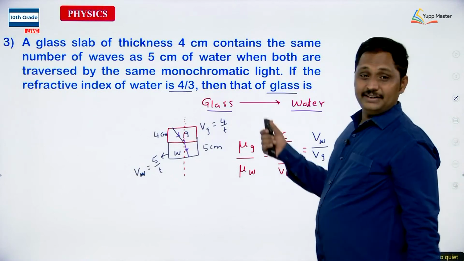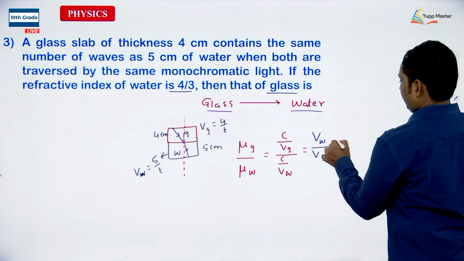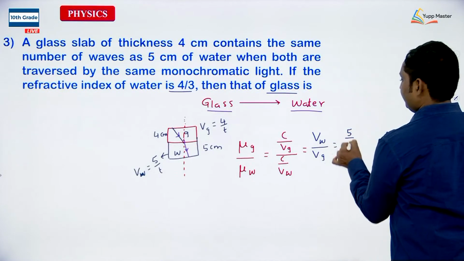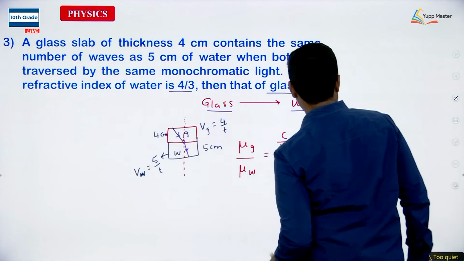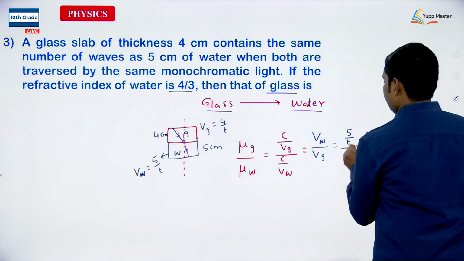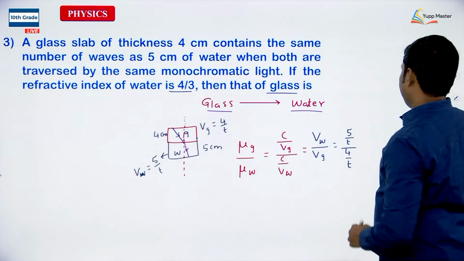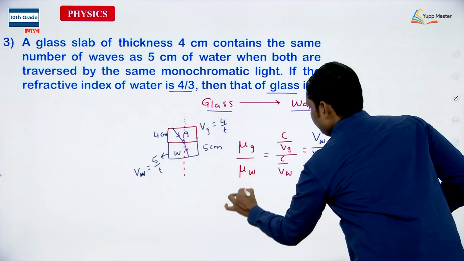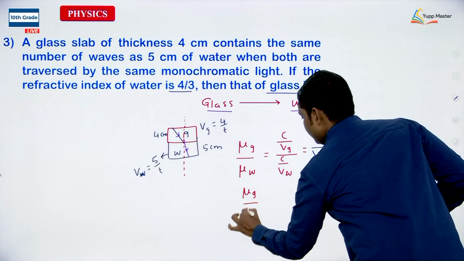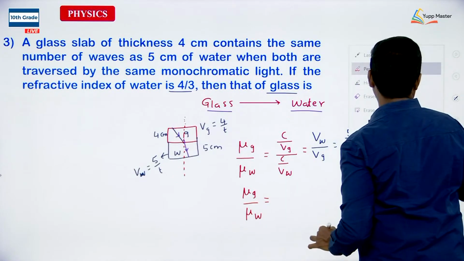T is the time and D is the distance that has been travelled. Therefore, we can substitute 5 by T; let us assume T1 and T2 are both equal. So we take T and 4 by T, it is very clear. Now, you can cancel the term, therefore mu g by mu w is equal to 5 by 4.